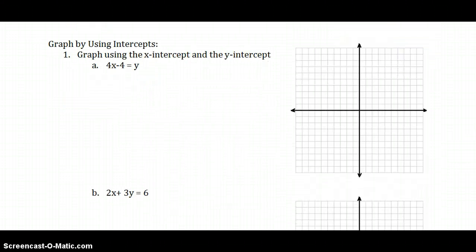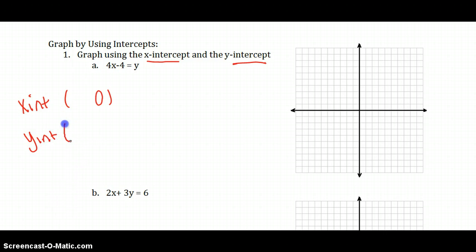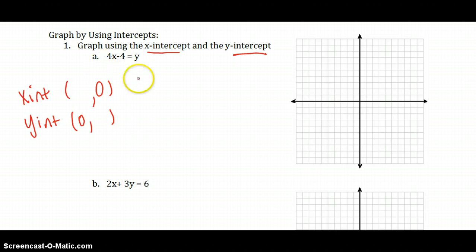We're going to first learn to graph using the x-intercept and the y-intercept. Now remember, to get the x-intercept, the y value needs to be 0, and to get the y-intercept, the x value needs to be 0. So when I plug in 0 for y, to get the x-intercept, I am replacing y here with 0. I'm going to solve for x.